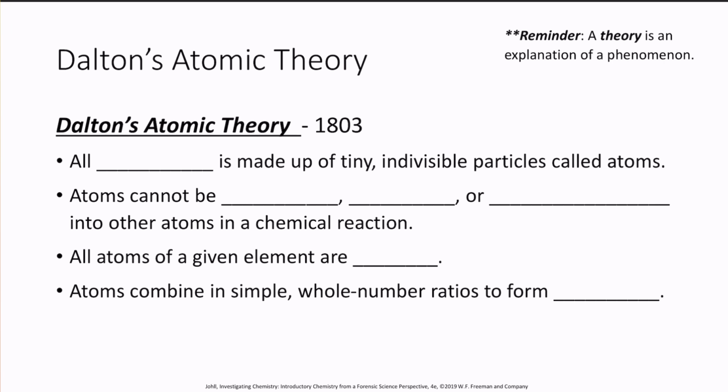Dalton's atomic theory of 1803 is the closest to the atomic theory that we use today. Now, remember, a theory is an explanation of a phenomenon. There is evidence to back this up. Dalton proposed that all matter is made up of tiny, indivisible particles called atoms.